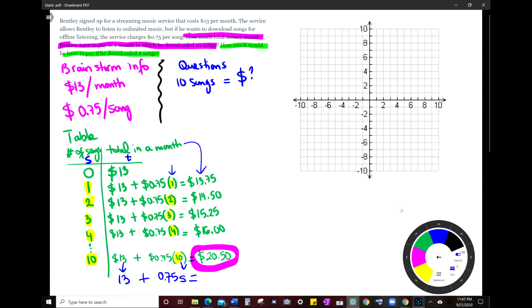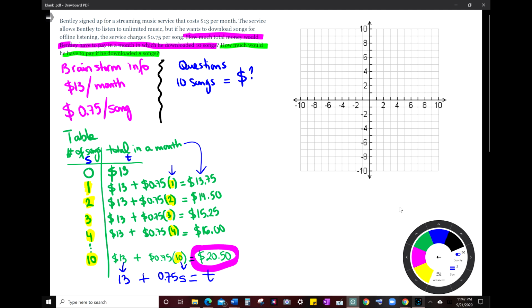And the variable that represents the total in a month is T. So we just found the formula for this problem, which is 13 plus 75 cents, or 0.75, times S equals the total, which is T.